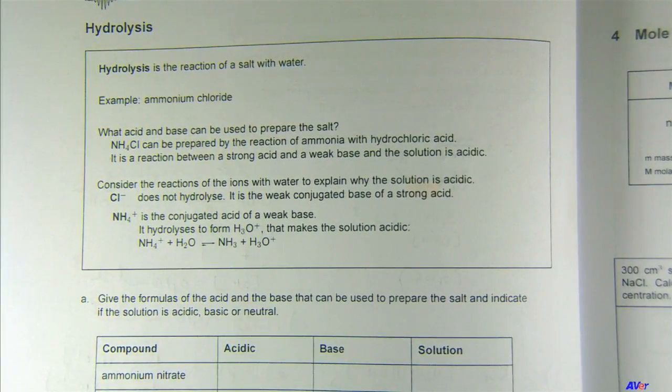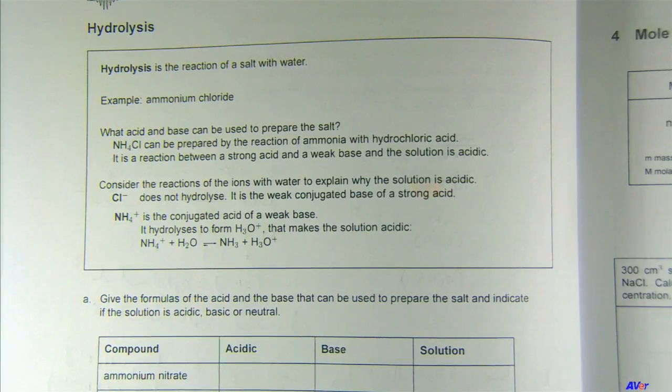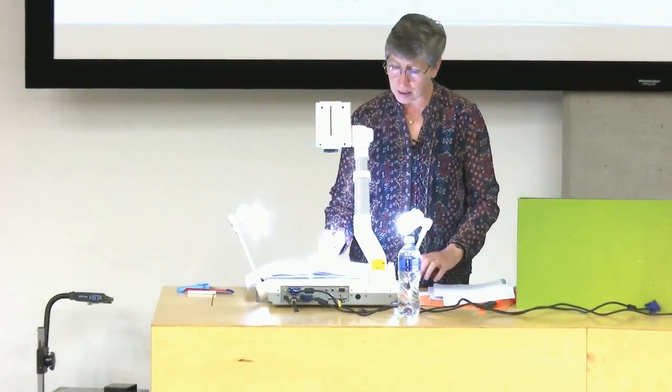Now with hydrolysis, you can be sure they're going to ask it, at least for 1 mark, maybe a multiple choice question where it's 2 marks, or they can ask a longer one where it's 3 marks. But I can more or less guarantee at least 1 mark in one of your exams will be hydrolysis. Maybe more, I think more.